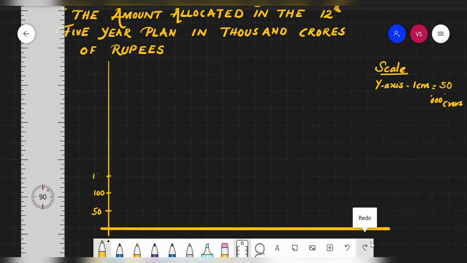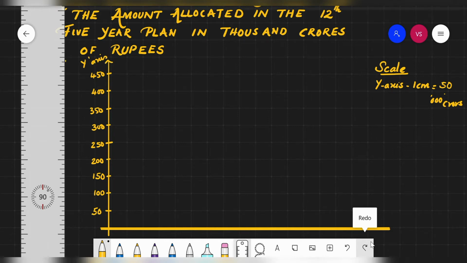This as 150. This as 200. 250. 300. 350. 400 and 450. This is all about the y-axis.